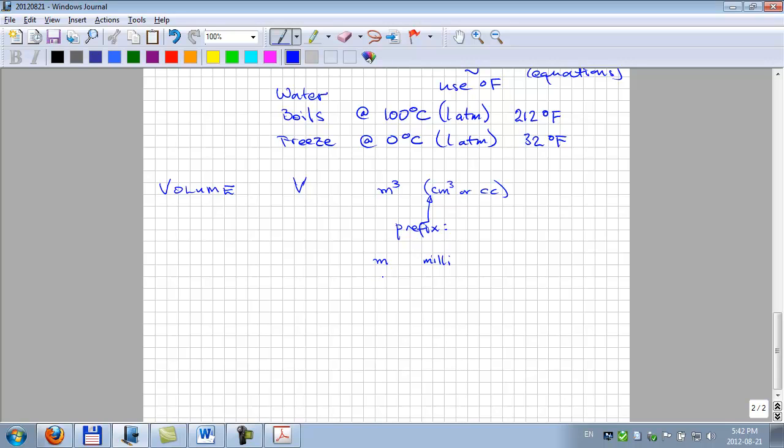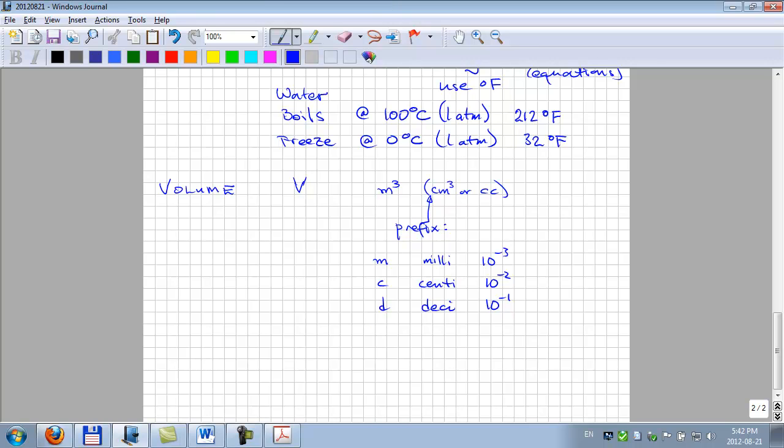What's the next one? C is centi. That's 10 to the minus 3, 10 to the minus 2, and D is deci, 10 to the minus 1. And then you got 10, is there one for 10?